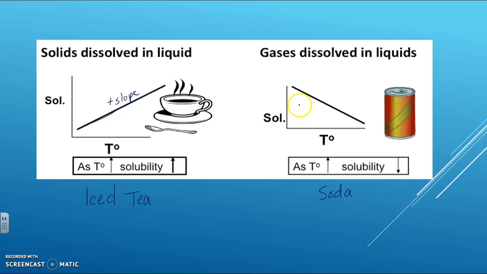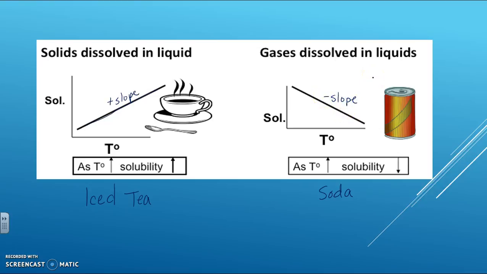The hot soda is going to go flatter quicker, right? We say it's flat when it doesn't have any carbonation in it, right? And that's because the hotter the substance is, the less those gas molecules want to stay in solution. Why? Because they're moving. They're like, I'm out of here, buddy. I'm not hanging out. And so our slope here, as the temperature goes up, the solubility of a gas goes down, and it has a negative slope.